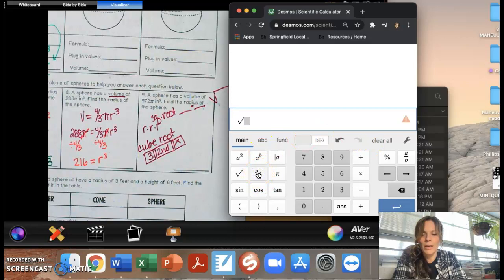The cube root, it's right here. But what's cool about it is it puts the little cursor, as soon as you press it, it wants to know what kind of root do you want. Do you want the 3rd, the 4th, the 5th? We're going to do the cube root, the 3rd root. Then we would type our 216 underneath, and it gives us our answer here.